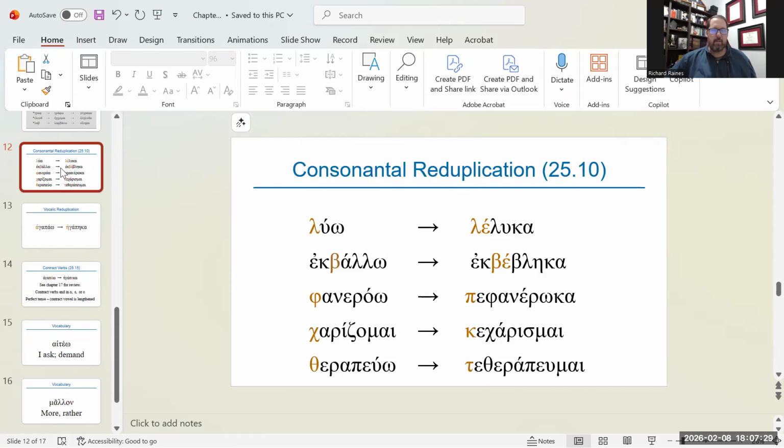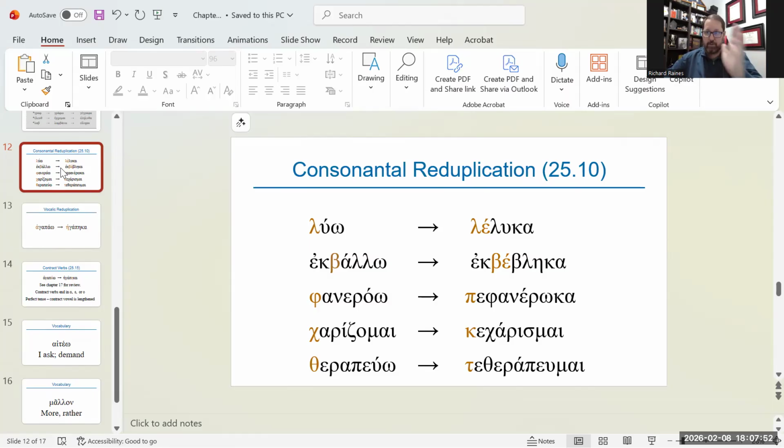So let's try to get a better understanding of reduplication, and let's go to section 25.10. And I'll just read here. We've kind of already seen this, but the most notable difference in form between the perfect and other tenses is the reduplication. The fact that it is so obvious makes identification of the perfect relatively easy.